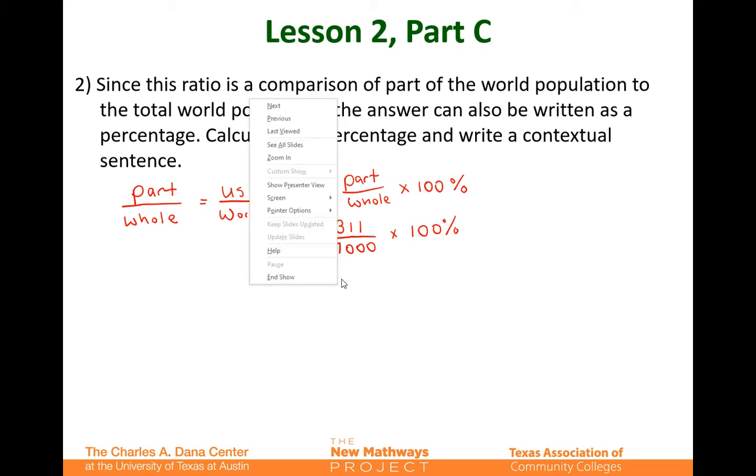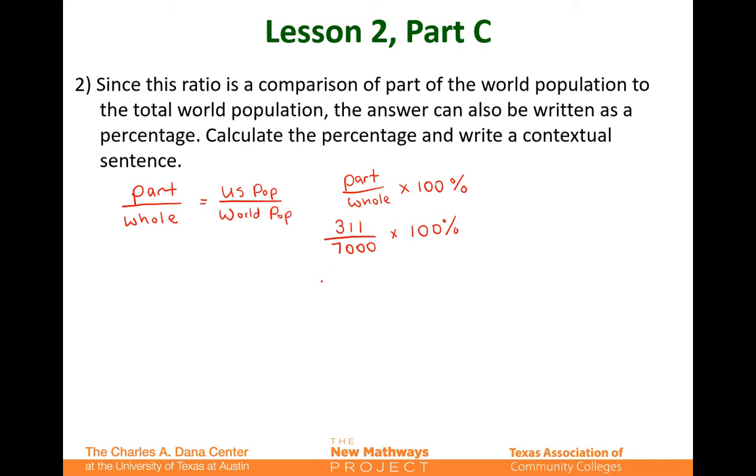When I write it as a decimal, I get 0.0444. I could keep going, but that's enough on my calculator. Times 100. So if I multiply that times 100%, we see that the United States is about 4.44% of the world's population.